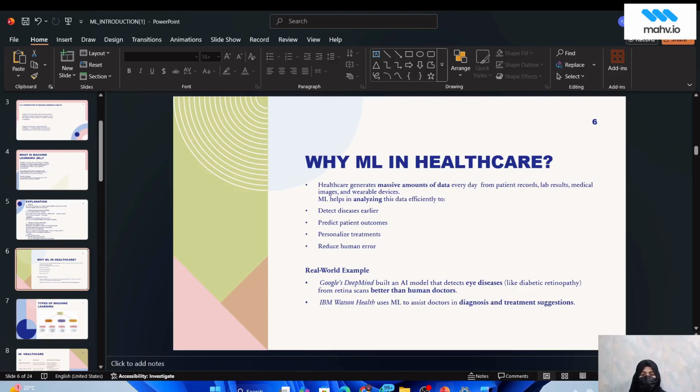ML helps in analyzing this data efficiently to detect disease earlier, to predict patient outcomes, to personalize treatments, and to reduce human error. A real-world example: Google DeepMind built an AI model that detects eye diseases. Similarly, IBM Watson Health uses ML to assist doctors in diagnosis and treatment suggestions.